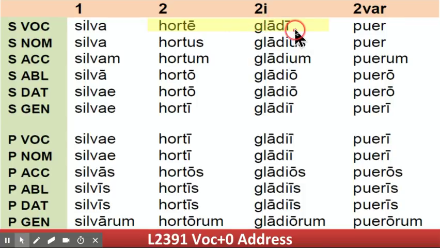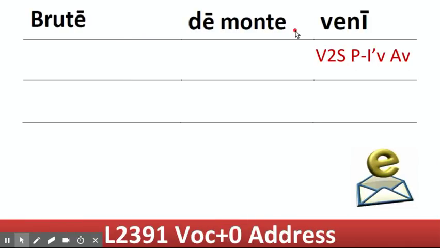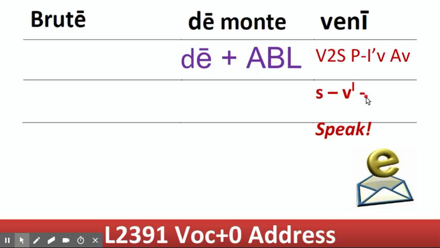Horte, horti, gladi. So therefore we start with the command. Veni. Oh, it looks like first singular perfect, except there's no long mark. So it's really verb second person singular present imperative, simple, no tense, volitive mood, active voice, speak. Who are we talking to?